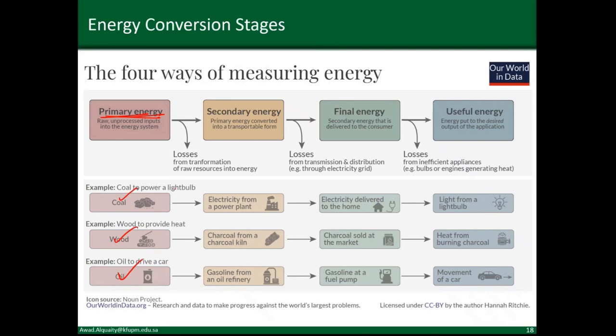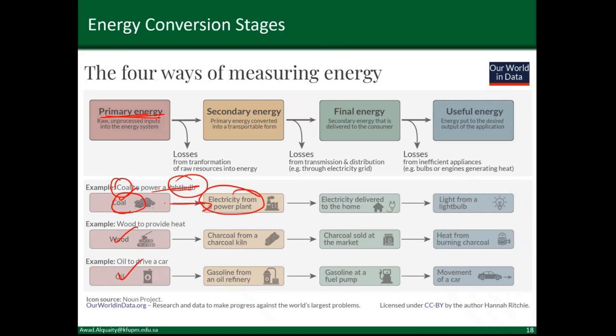But it's not something that you directly use eventually, or that's not the end use. So if you're talking about the use of coal to power a light bulb, well, you use coal as a fuel in a power plant to generate electricity. Coal is a primary energy, and electricity is a secondary energy.